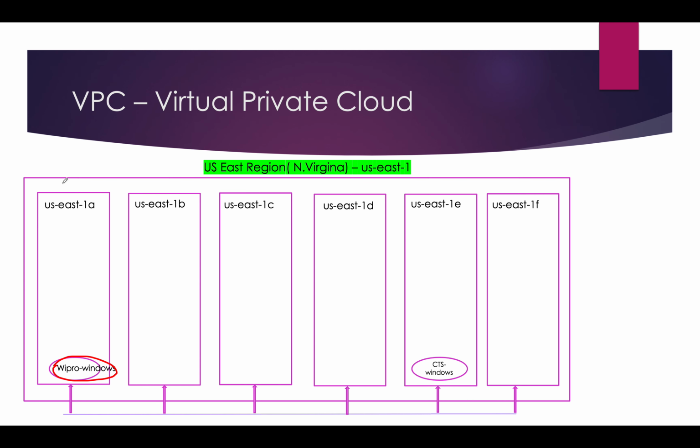Because if any disaster happens and this one won't work, suppose this data center fails, then it will use this other data center. 99.9% it won't fail, but if by mistake any disaster happens, then it will use it. That is known through this default configuration.